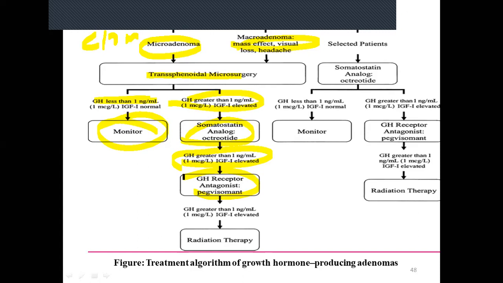In case the patient is not eligible for surgery, you start with a somatostatin analog, then monitor. If growth hormone is less than 1 nanogram, you continue the treatment and monitor. If it is above, you give a growth hormone receptor antagonist and continue the treatment like this.